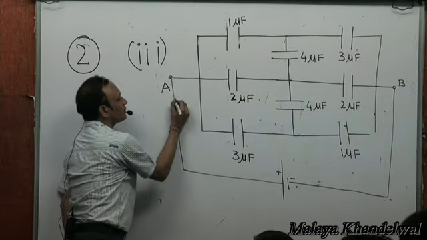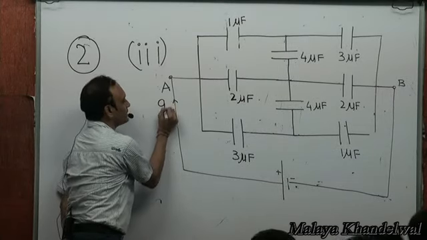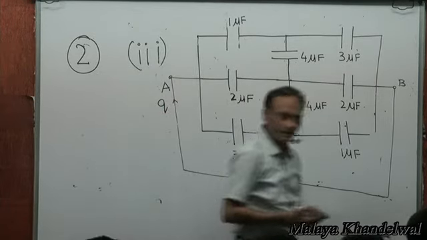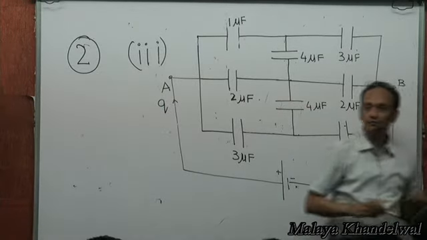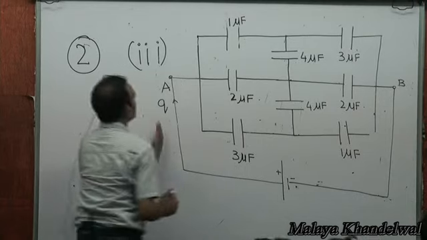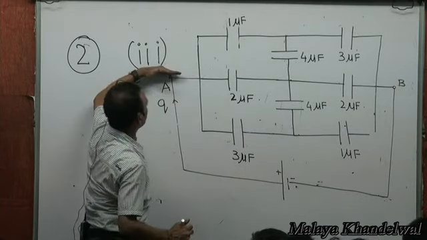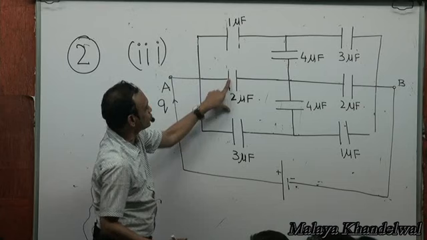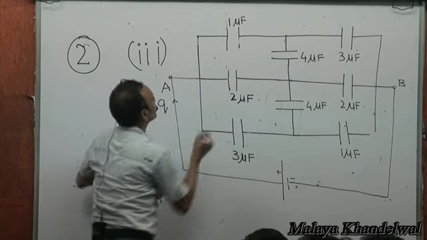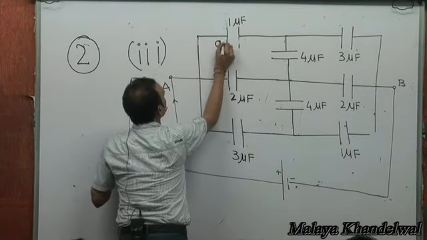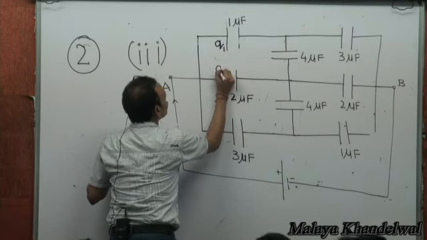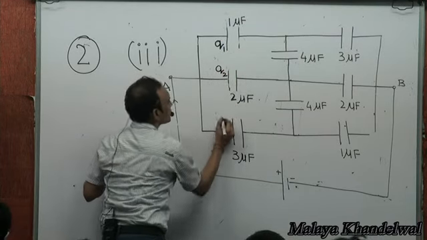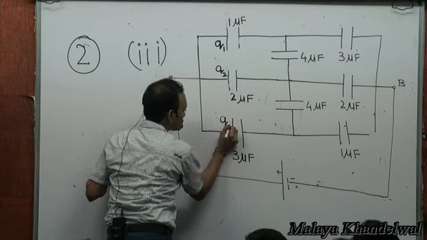Say there is a charge Q flowing through the battery. That charge Q would get delegated into three constituents, Q1, Q2 and Q3. Say Q1 comes down here, Q2 deposits on this, and Q3 deposits on this.